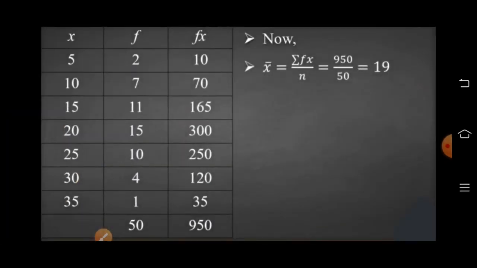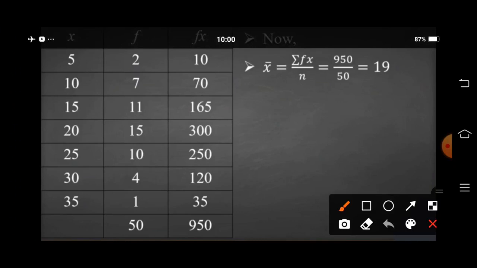Now, first we have to calculate the mean. For calculating the mean, first write down the x column, which we have already written here, then the f column, which we have also written. For finding the mean, we require the total of fx. So for that we have to make an fx column.